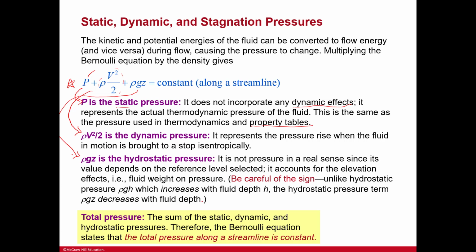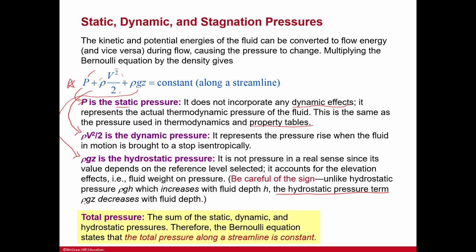That reference level. It accounts for the elevation effects, the fluid weight on pressure, and then be careful of the signage. Unlike hydrostatic pressure, which is rho g h, which increases with fluid depth h, the hydrostatic pressure term decreases with the fluid depth. Okay, so here, this is something key for your signage.